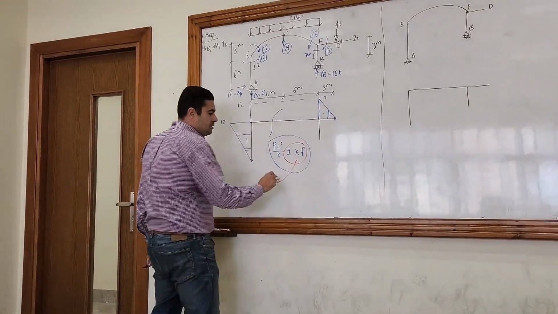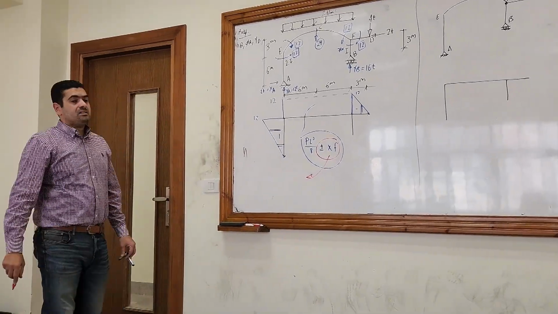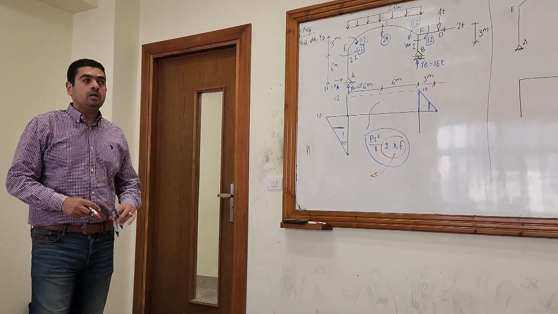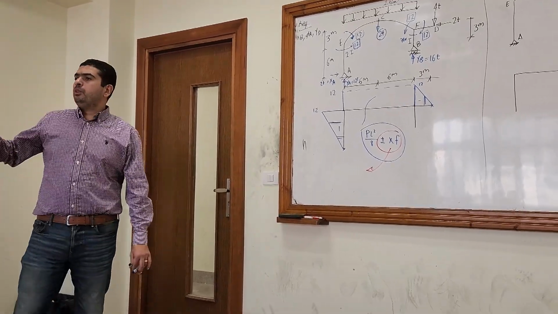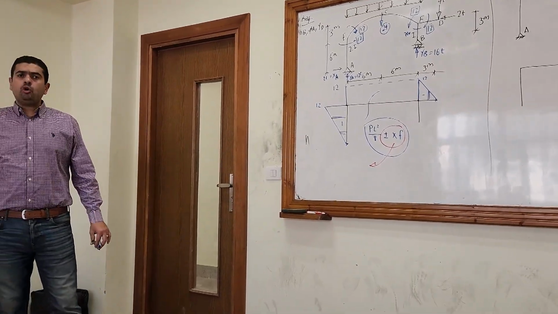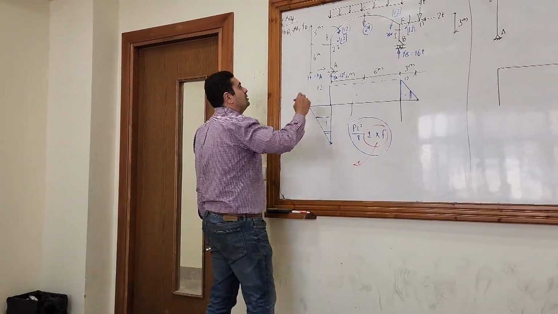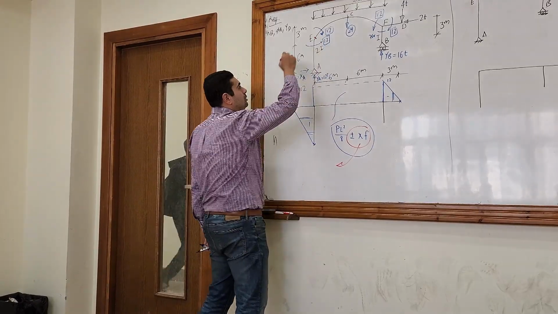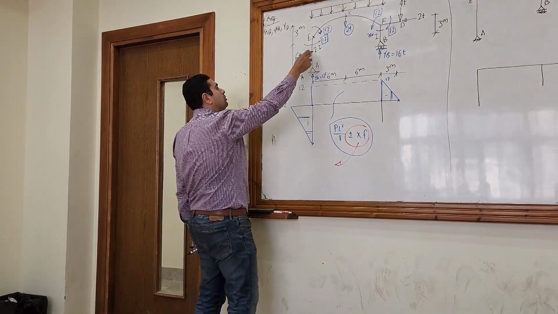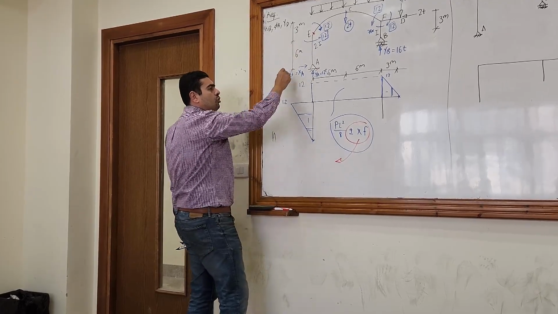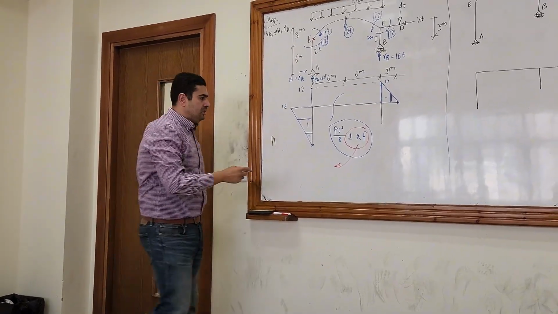Let's start with the x. The x is a summation of any horizontal loads either from the right hand side of the arch or the left hand side of the arch. So let's get a section here. What is the summation of the horizontal forces here? It's only 2, right? So the summation here is 2.